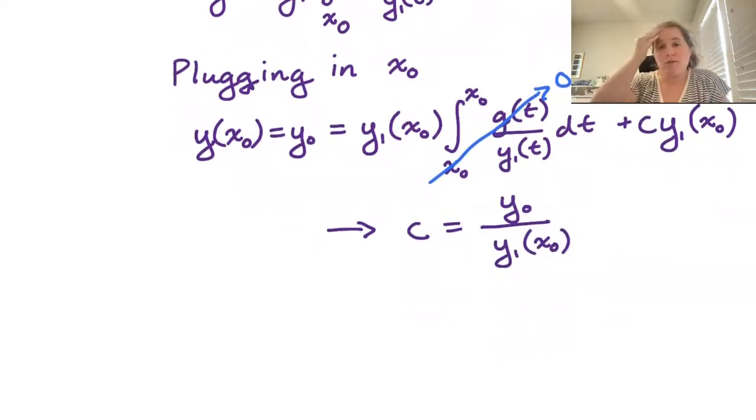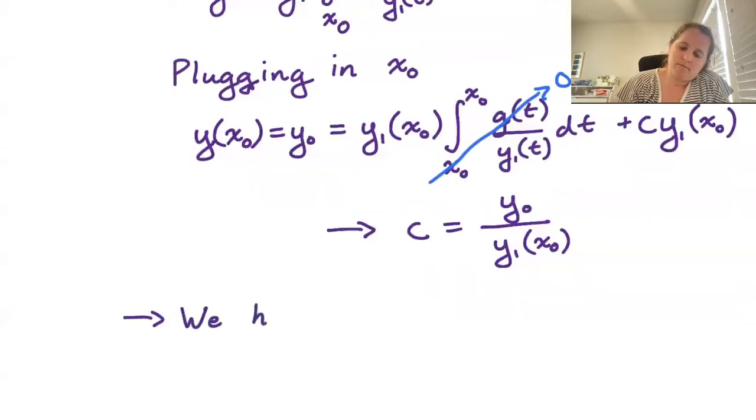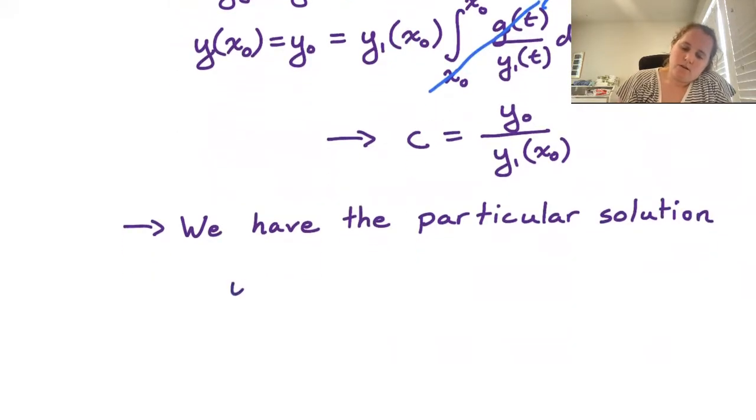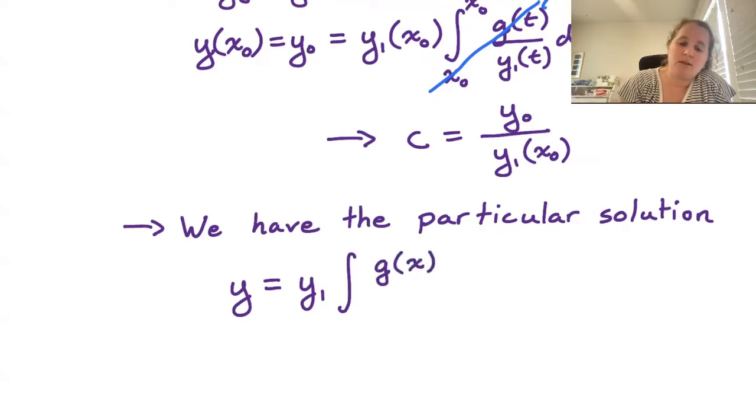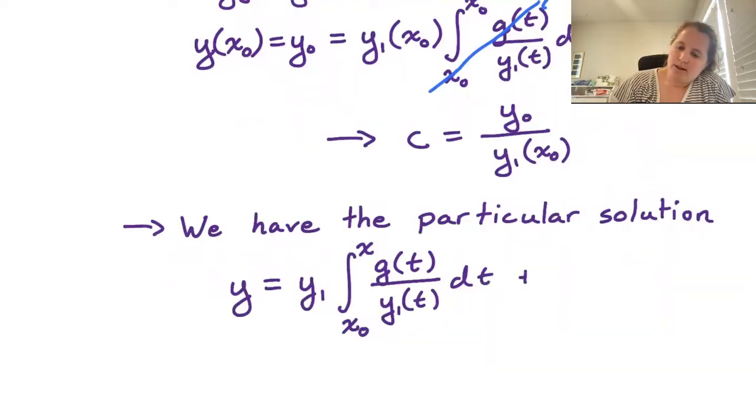And so we have the particular solution. Y equals y1 times the definite integral from x naught to x of g of t over y1 of t dt plus y naught over y1 of x naught times y1.